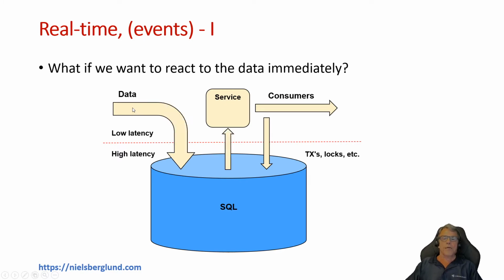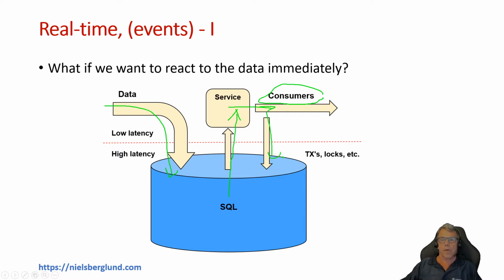So what we then try to do is, okay, let's write the data into the database as before. We are calling this stored procedure that we have here, log wager. But in that procedure, we are intercepting the data and we push it straight out to the service again. And we have the consumers consuming from the service and potentially writing data back.